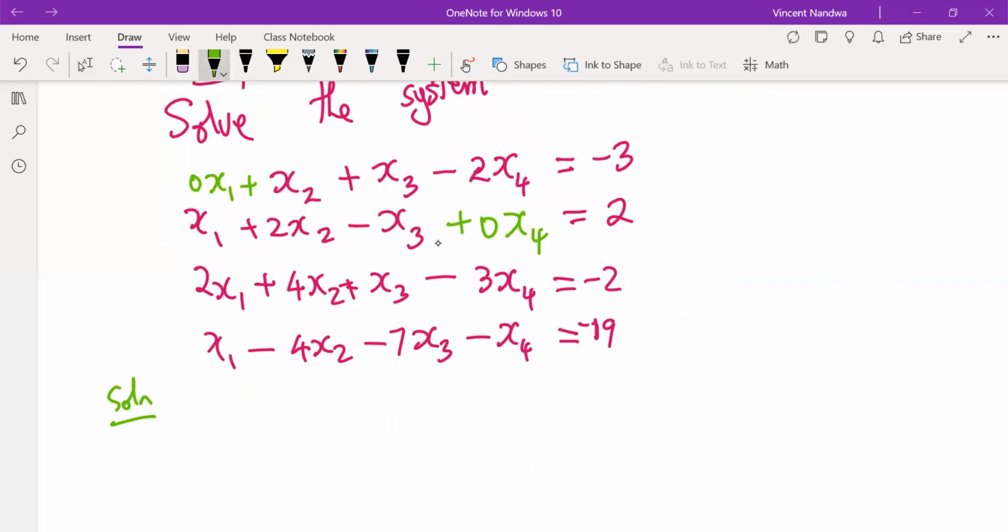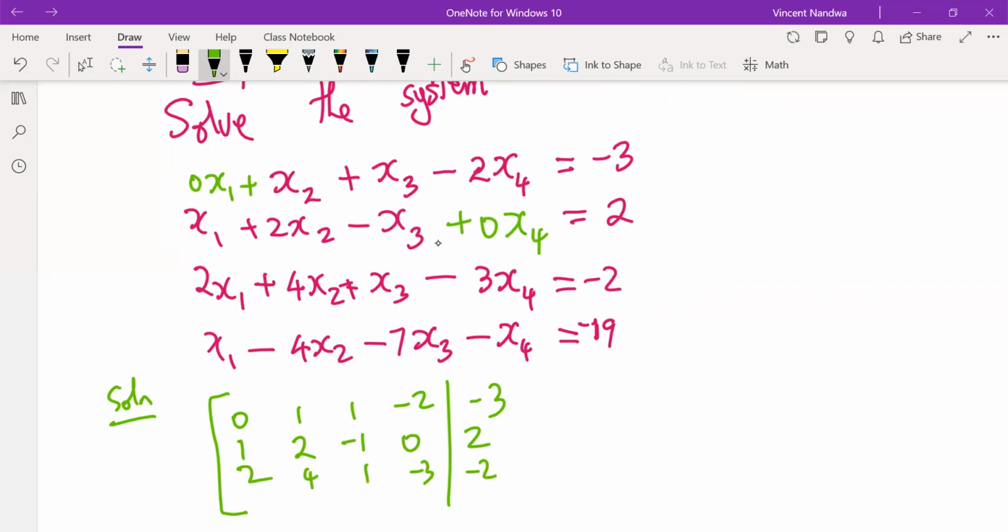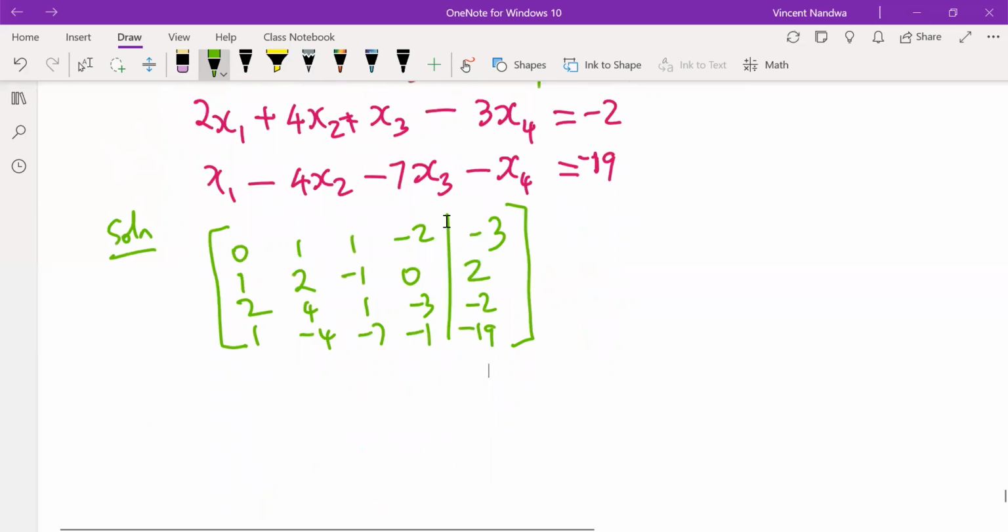The augmented form will be 0, 1, 1, -2, -3; 1, 2, -1, 0, 2; 2, 4, 1, -3, -2; 1, -4, -7, -1, -19. This is what we call the augmented matrix of the system.